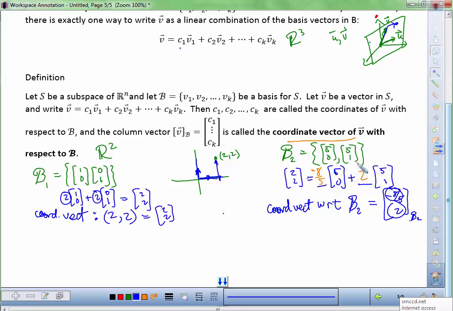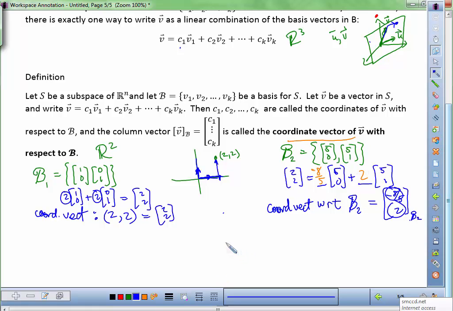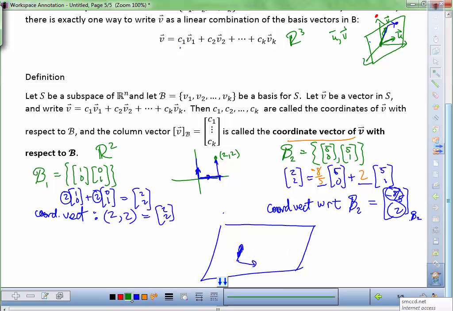Why would you pick the vector? Well, like I said, if you're living on this plane and all you have to go by are these basis vectors, and you want to get to another point on this plane, why are we putting scalars in?